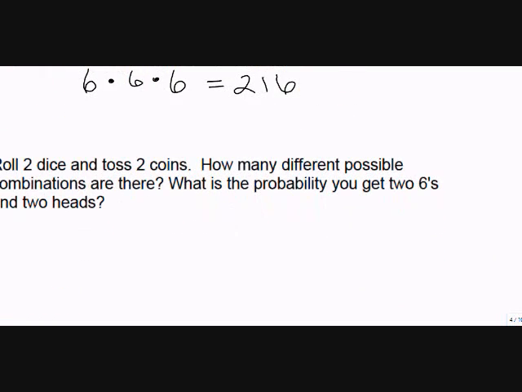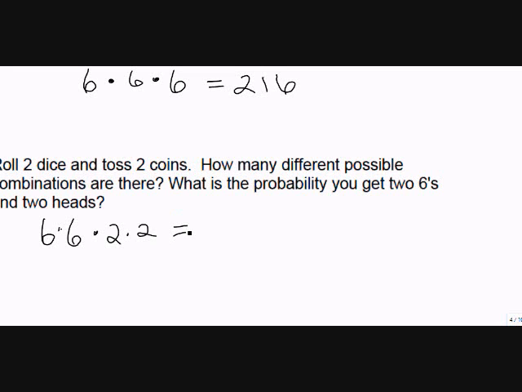All right, how about if I just had 2 dice and 2 coins? For die number 1, there's 6 outcomes. For die number 2, there's 6 outcomes, so that's 36. For coin number 1, there's 2 outcomes. For coin number 2, there's 2 outcomes.